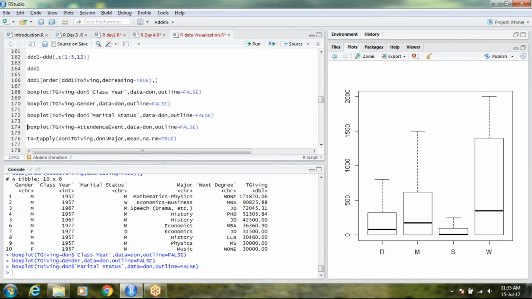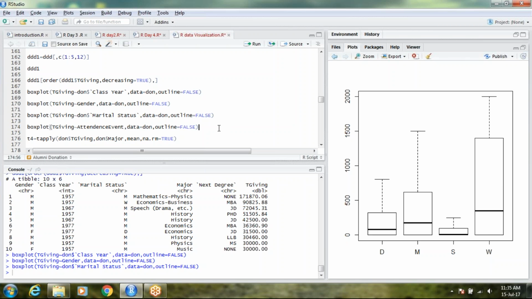Widowing only occurs at a late age, near your retirement in the 60s or 70s, and these are the people who have donated the most to the college.